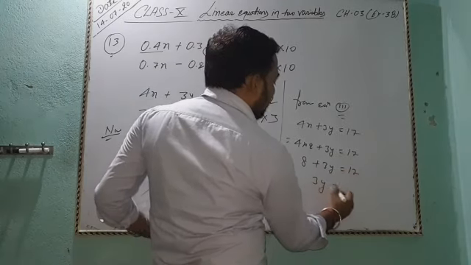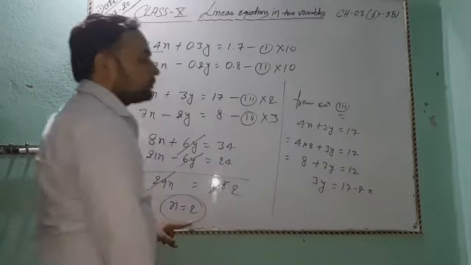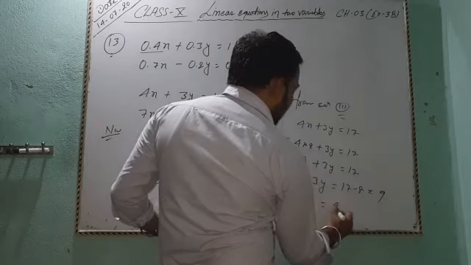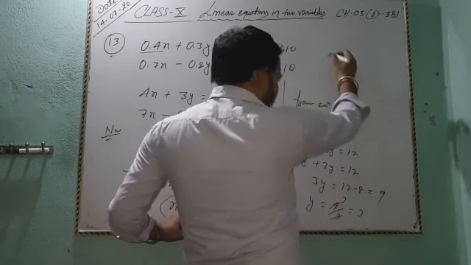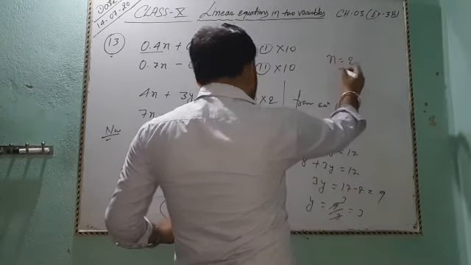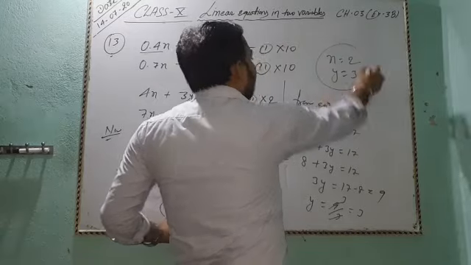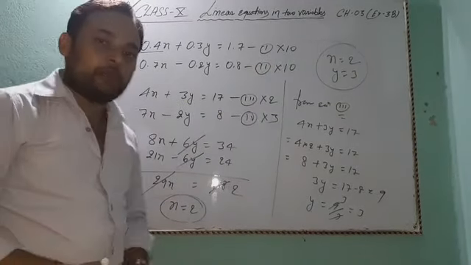So 3y equal to 17 minus 8 equal to 9. So y equal to 9 by 3, 3 threes are 9. The value of x equal to 2 and y equal to 3. This is the solution of this given system of linear equations.